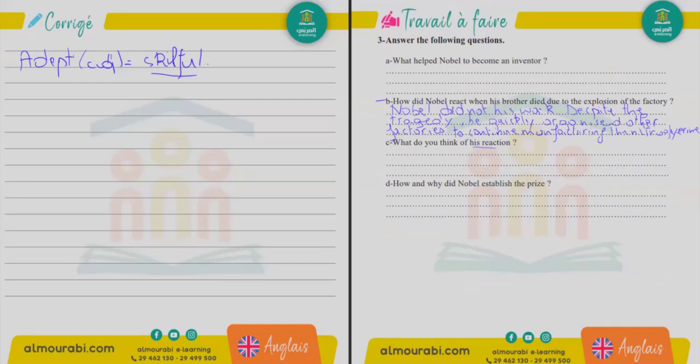So I would say here, Alfred Nobel's father's success as a businessman and an inventor. Also, his father was an inventor and a businessman. I will put an apostrophe S here, the genitive.